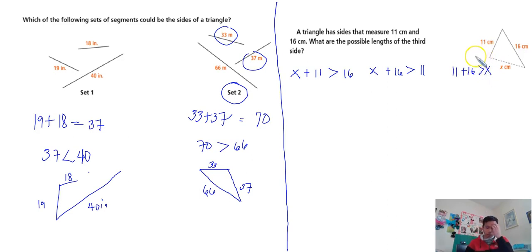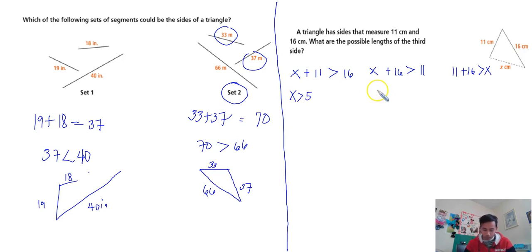Okay, if x plus 11 is greater than 16, then what is the value of x in here? The value of x here would be greater than 5, because 6 plus 11 is 17, 7 plus 11 is 18. So it is greater than 5. How about here?